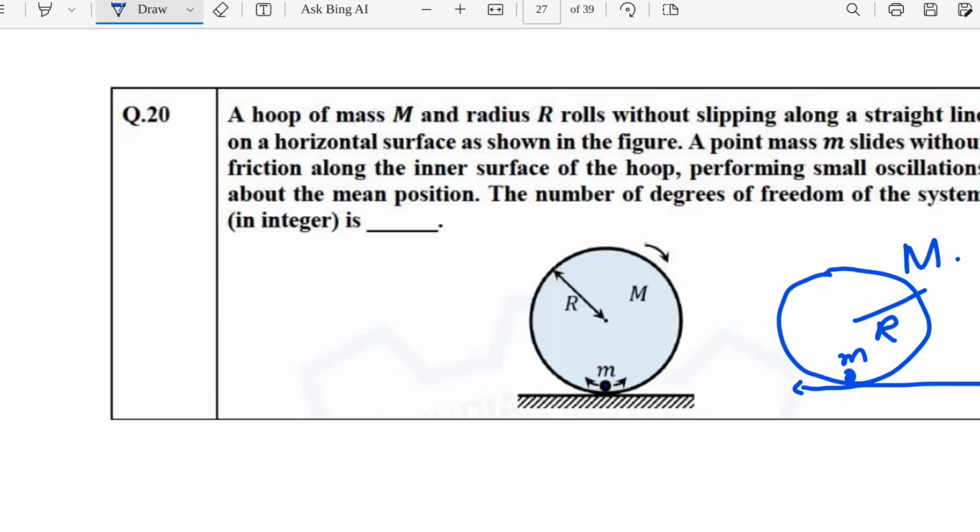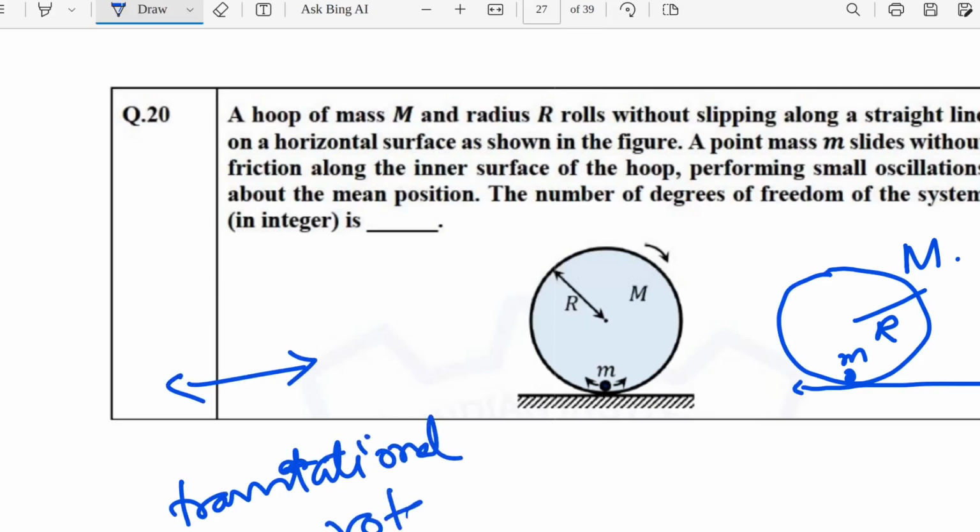You can see in that system only 2 types of motion are there. One is fully translational and another is fully rotational. Which one is the translational and which one is the rotational?